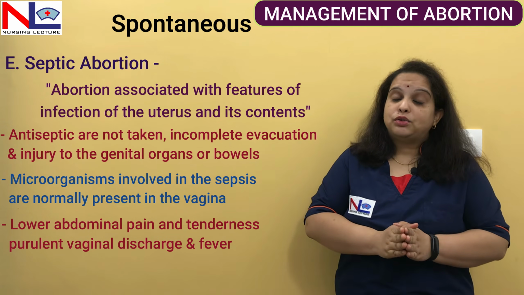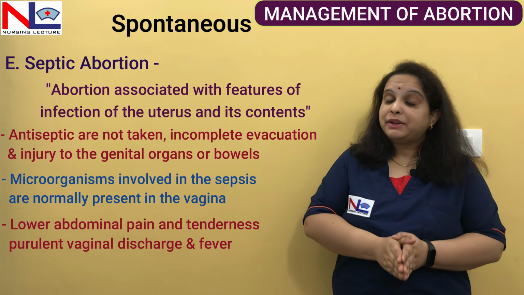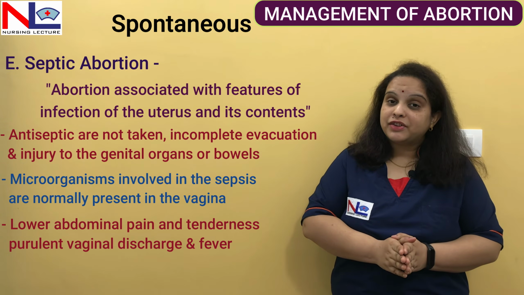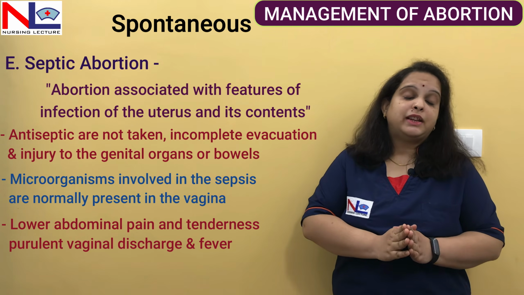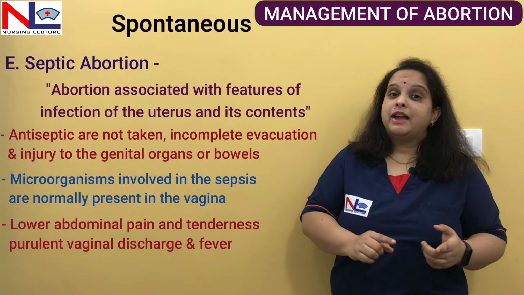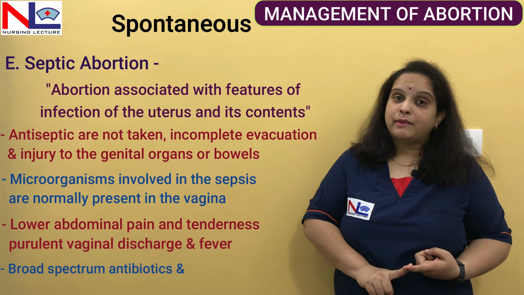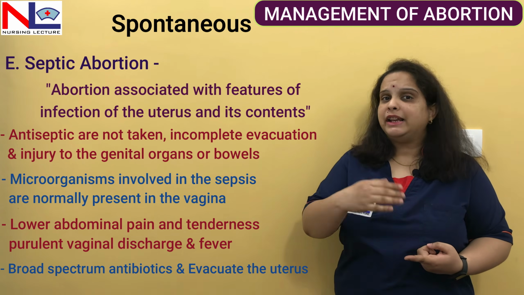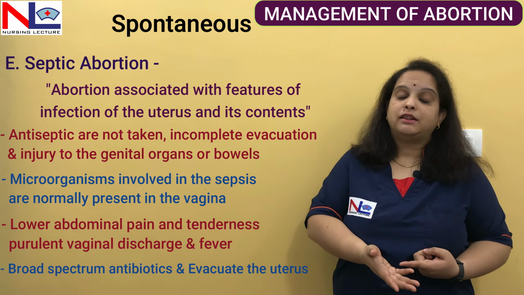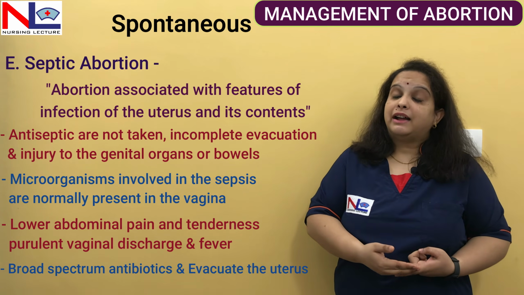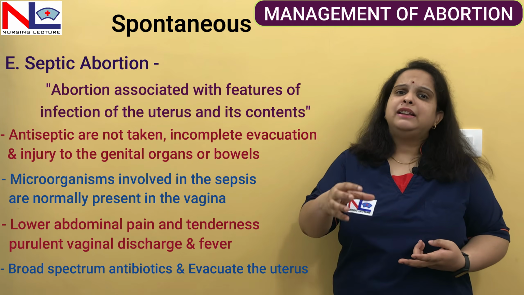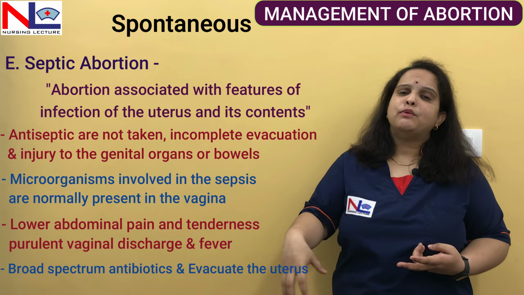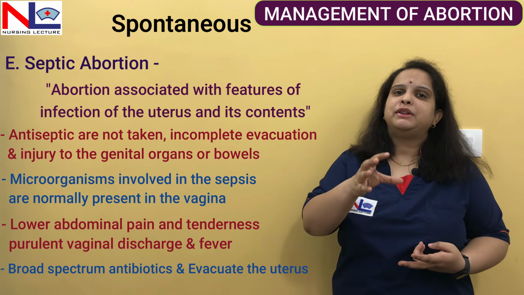So once we are assured that the woman has septic abortion, the features of infection with the abortion, then the only management that we can do is the administration of broad spectrum antibiotics that work against gram positive and gram negative microorganisms, and we can evacuate the uterus, because sometimes incomplete evacuation of the conceptus can be the reason.